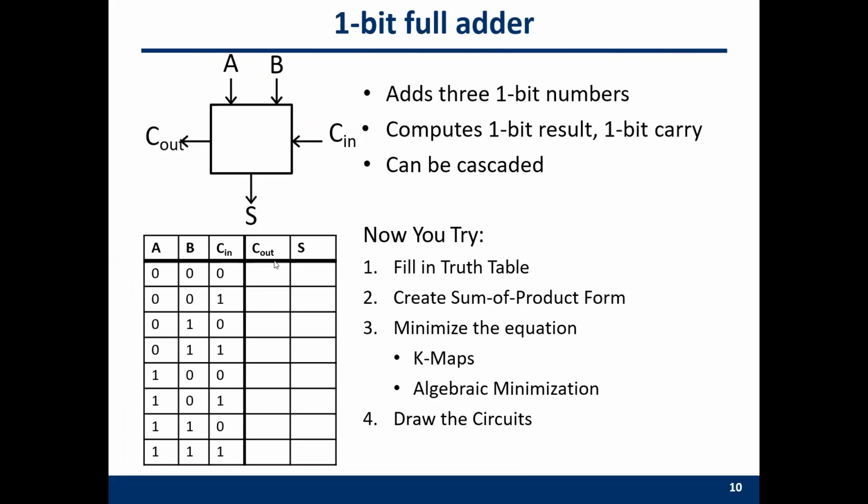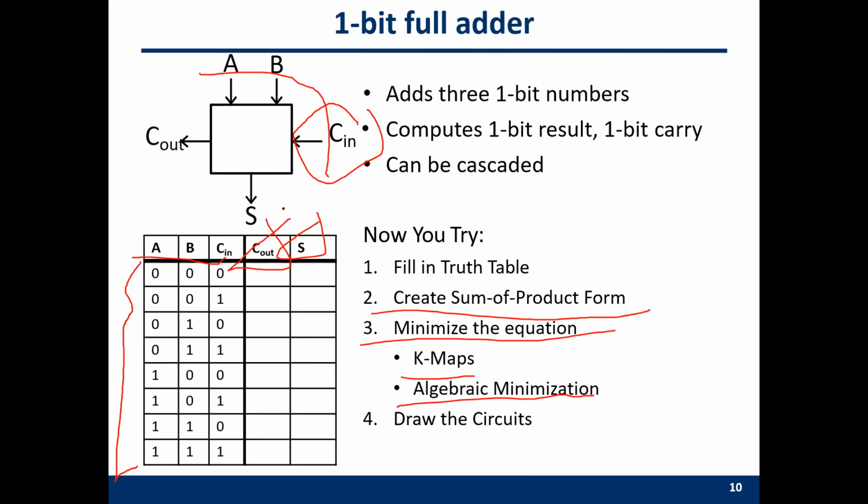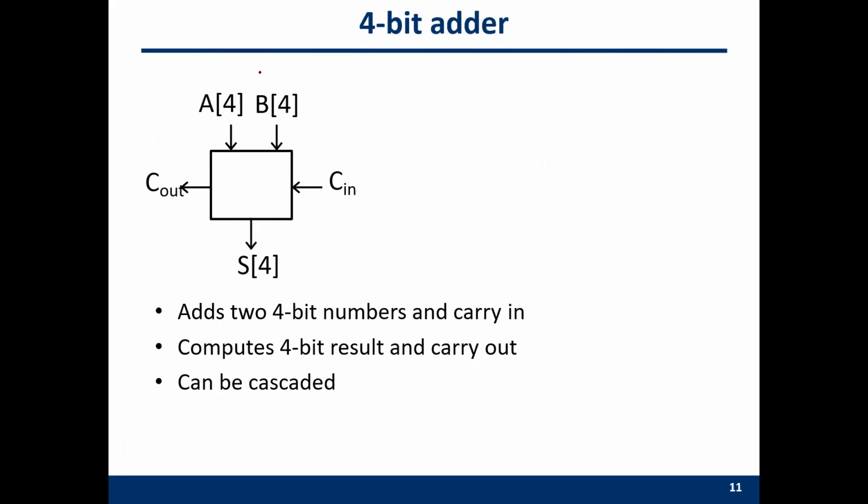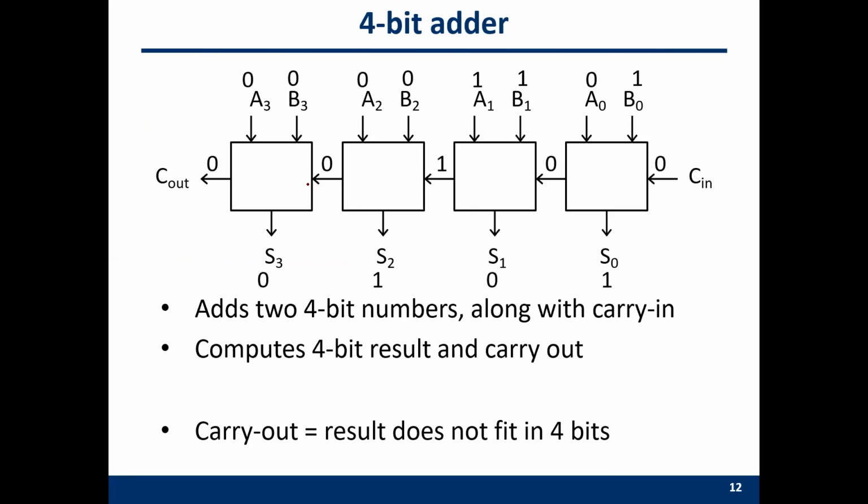So when we have the 1-bit full adder, we can build a multi-bit adder by connecting them together. Then this is the 4-bit adder. Each of these is a full adder. If you don't have a carry in here, you can always set this carry in to 0.